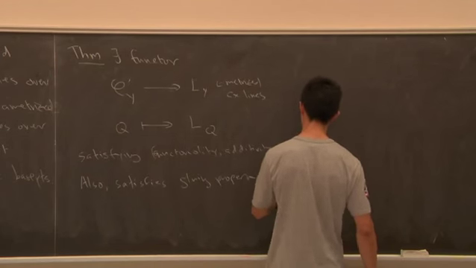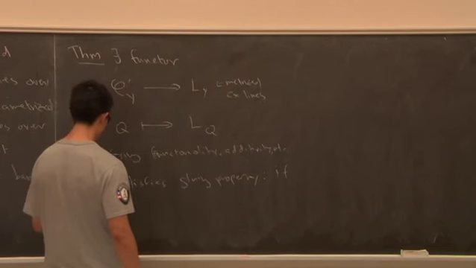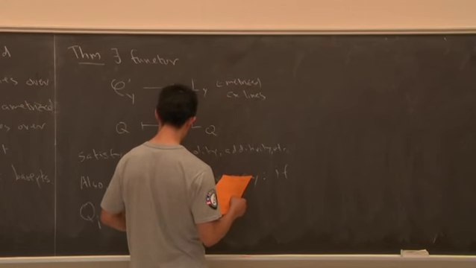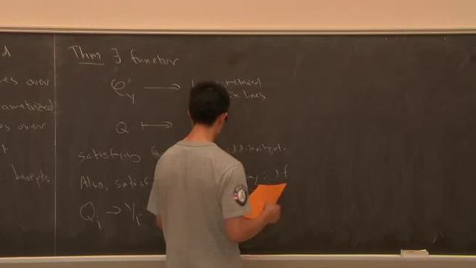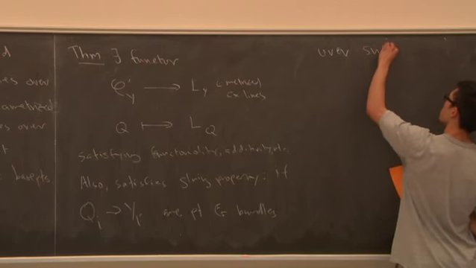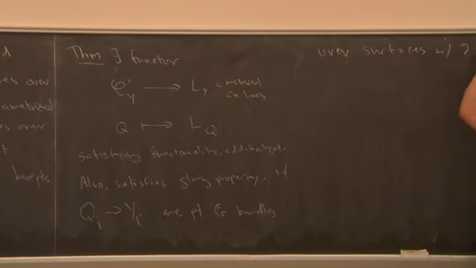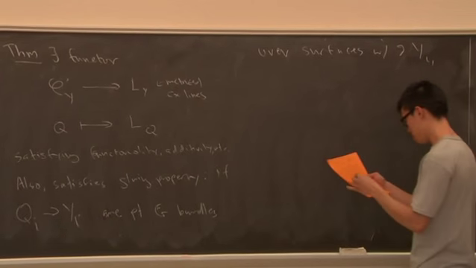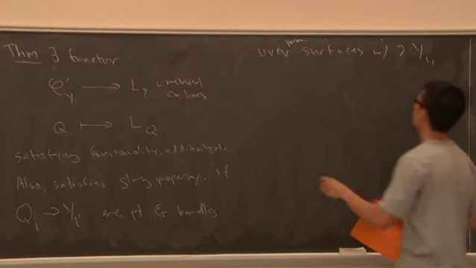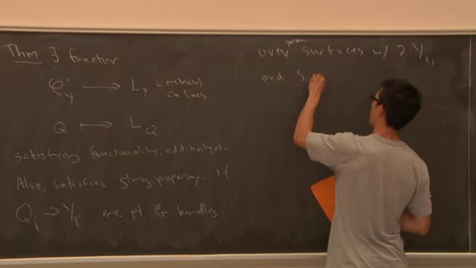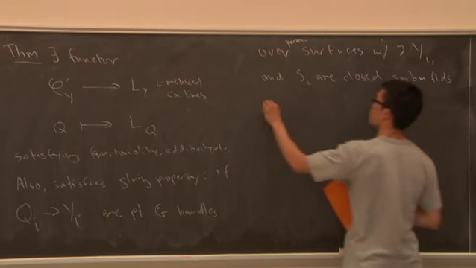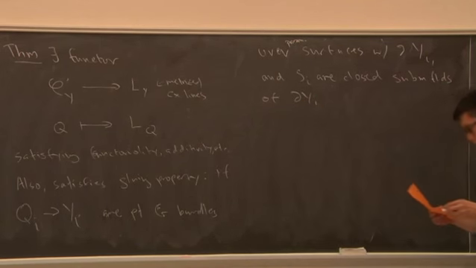Basically, say Qi over Yi are pointed G bundles over surfaces with boundary, say Yi, so parametrized before, and Si are closed submanifolds of the boundary of the Yi's, respectively.